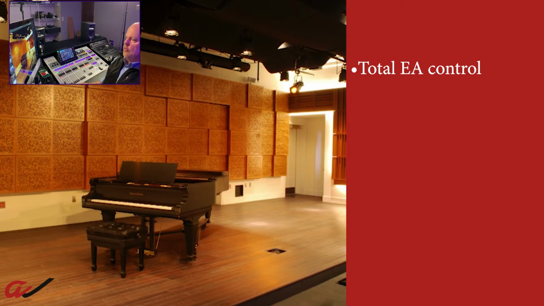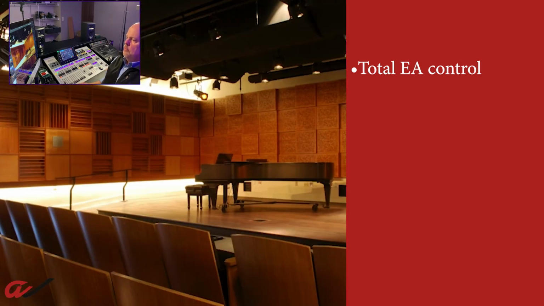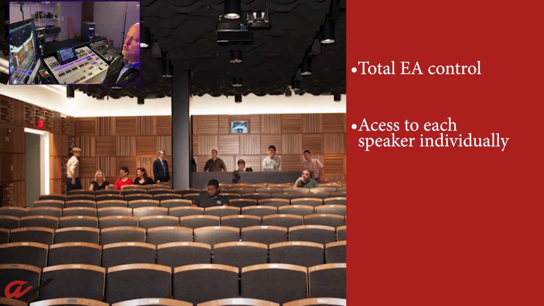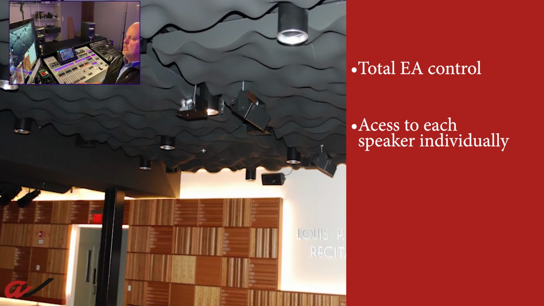And then on the electronic side, they have the ability to address every one of the loudspeakers in this room individually through Dante. So the electronic music department creates these massive soundscapes with moving elements and speakers where there may be a saxophone coming out of this and a vocalist coming out of this and something else coming out of here and something else coming out of here, and it's all able to be manipulated in real time during a performance.